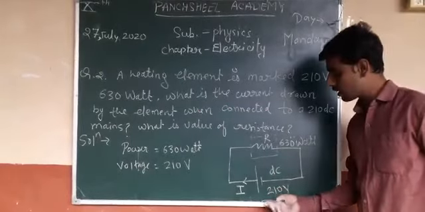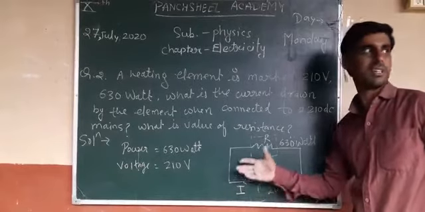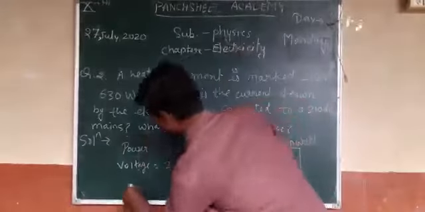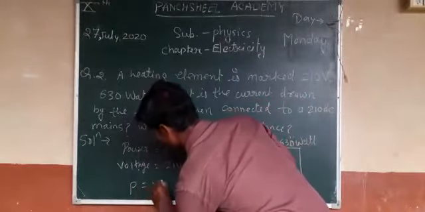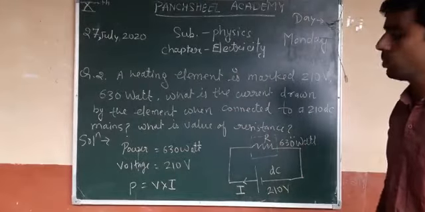If this DC source is connected through this element, then what is the amount of electric current that flows in this element? So what is the formula? P equals V into I. Power equals voltage into current.